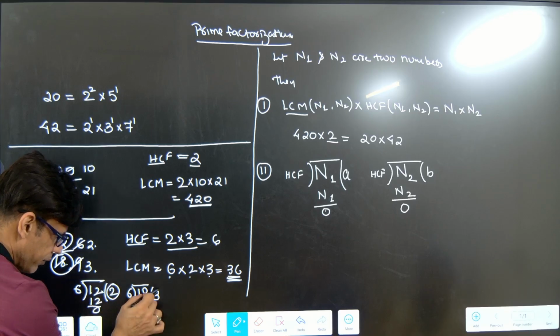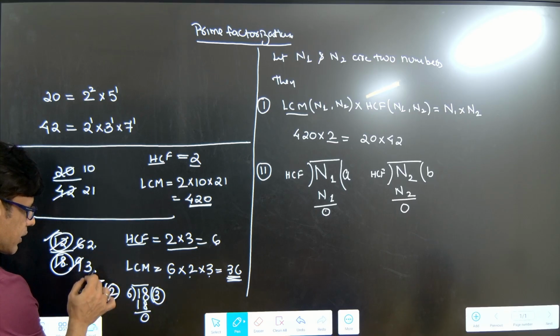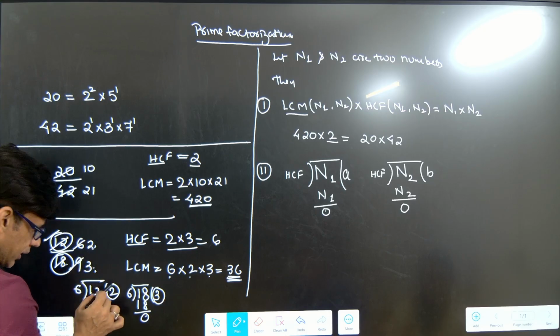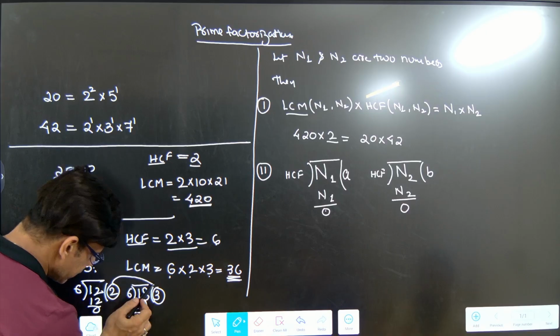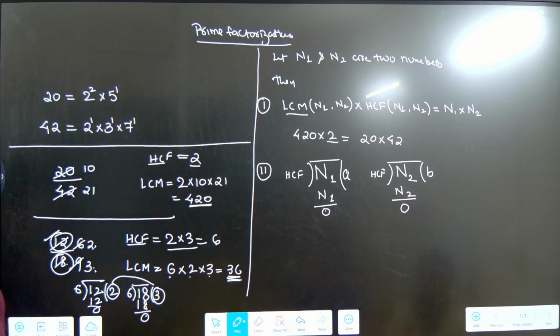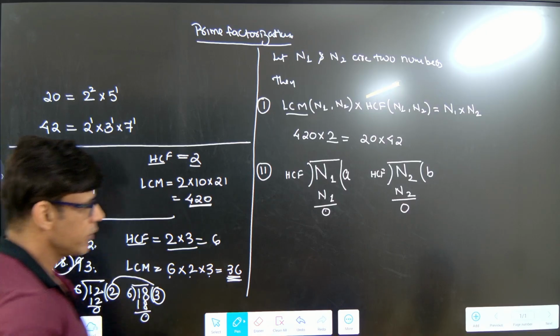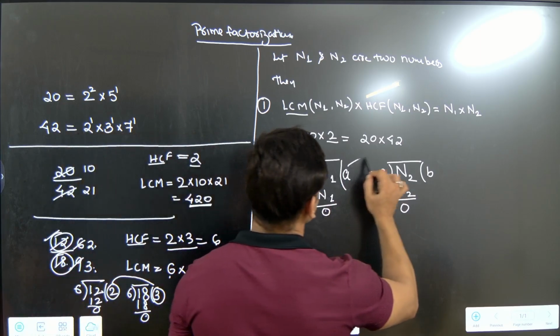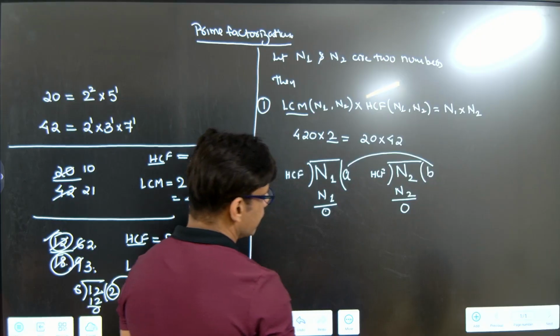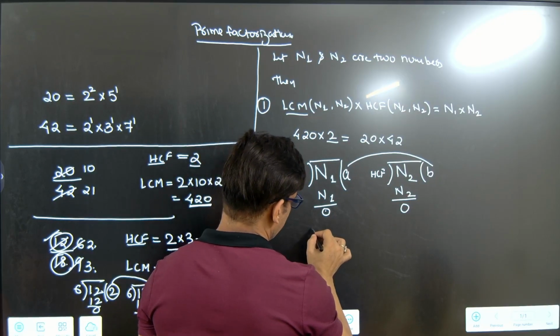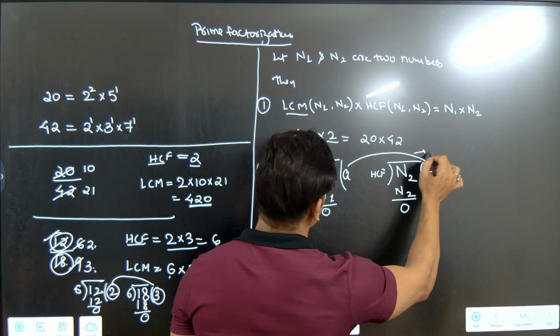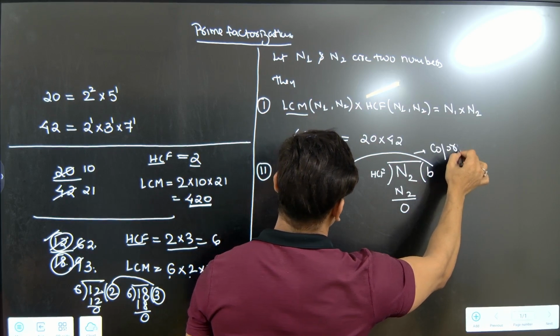This which is left, check whether it is the same thing. And what is left here, A and B, are co-prime. So when you are doing this, A and B are co-prime.